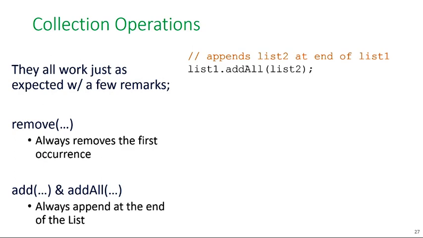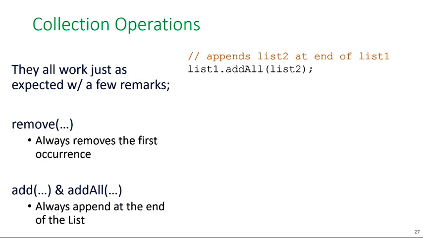So for example, here we have a little fragment of code. Assuming we have two reference variables, list1 and list2, each of them referring to an object of a class that implements the interface list. We call addAll on list1 with parameter list2. We are trying to append everything that is in list2 at the end of list1.